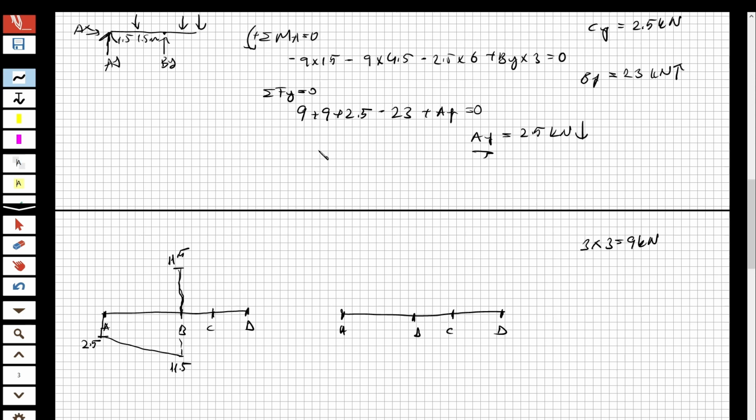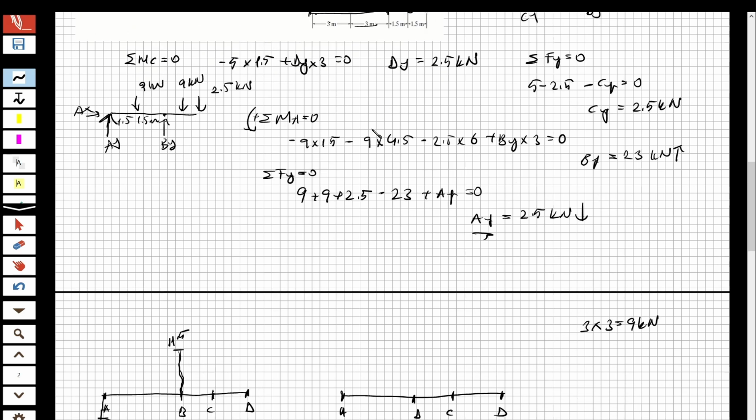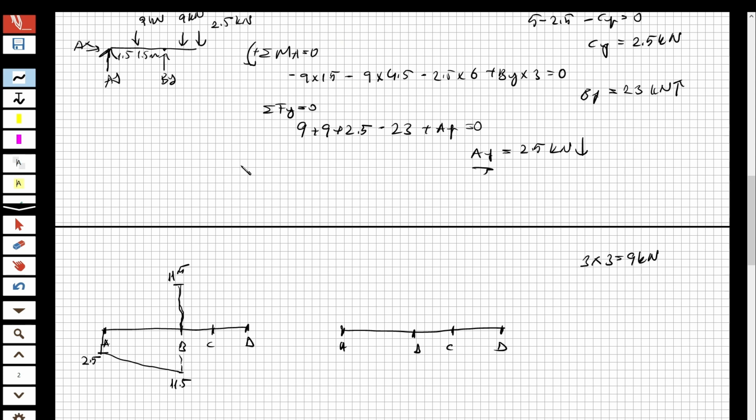And then from B to C, look at it, I have again 3 kilonewton per meter as the distributed load. When I multiply by 3, I'm going to obtain 9 kilonewton as the distributed load. Okay, so it's going to decrease by 9, and I'm going to reach 2.5.